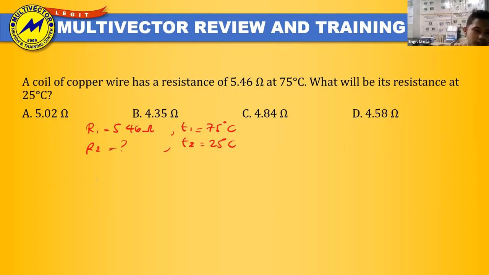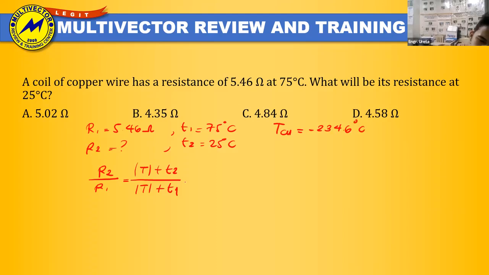This is the formula we will use: the ratio of the resistance R2 over R1 is equal to the inferred absolute temperature of our material plus T2, all over the inferred absolute temperature plus T1. We already have everything except the inferred absolute temperature. Sometimes it is not given in the problem, especially for common materials. For copper, the inferred temperature is negative 234.6 degrees Celsius.